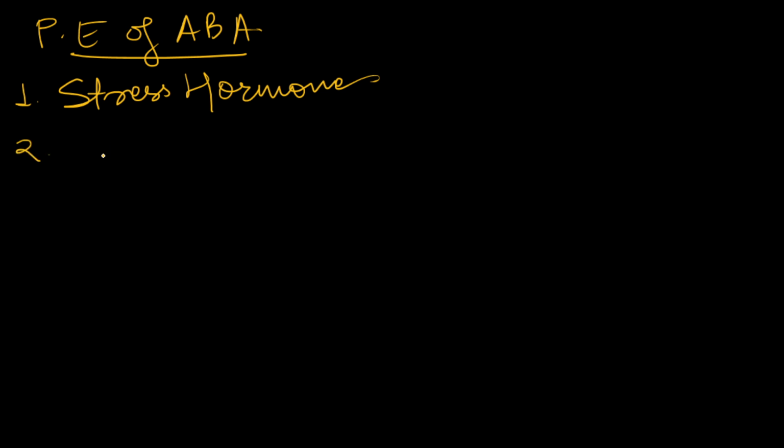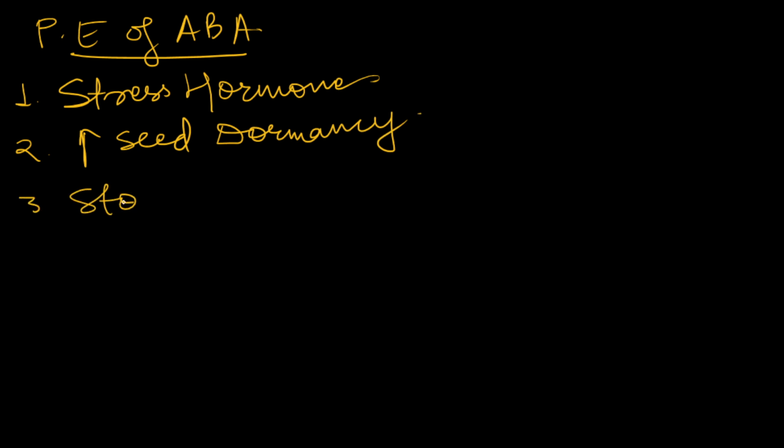Secondly, it enhances seed dormancy. Next, it enhances stomatal closure, just discussed, especially under drought conditions, or when we have to reduce transpiration and water loss. So there ABA can be of great use.